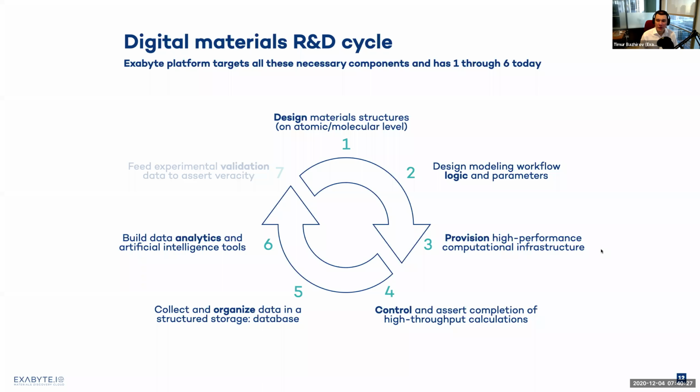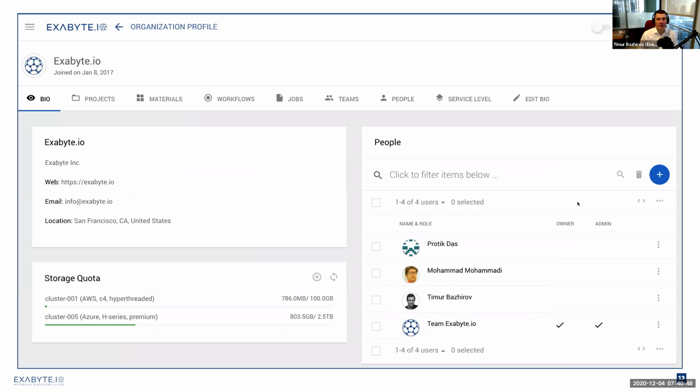We then have to take care of provisioning the high-performance computing infrastructure, control and assert the completion of these calculations, collect the data, build analytics based on this data, and find experimental validation. And as of today, the exabyte-io platform supports 6 out of the 7 steps. So let me demonstrate to you some of the functionality that it supports.